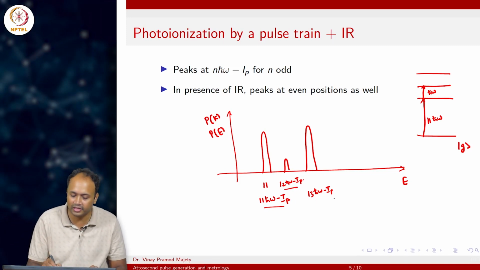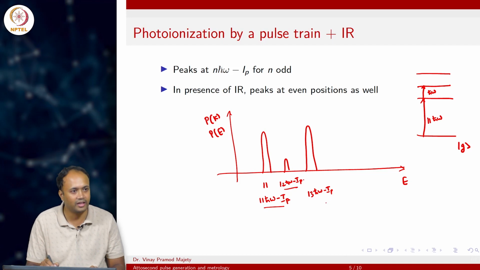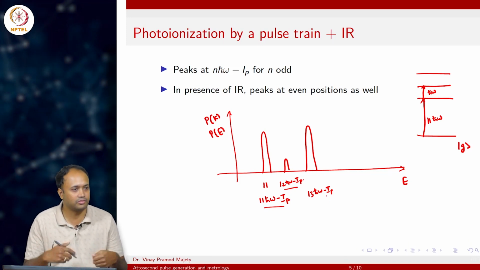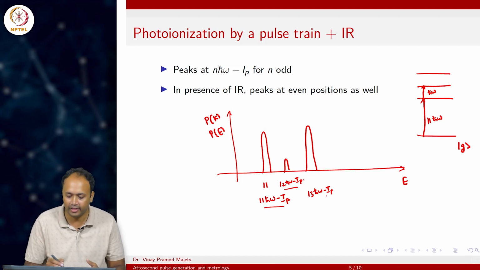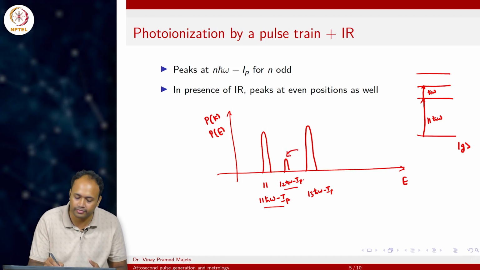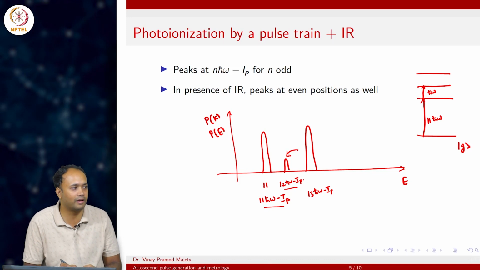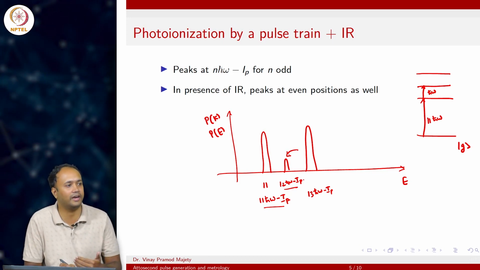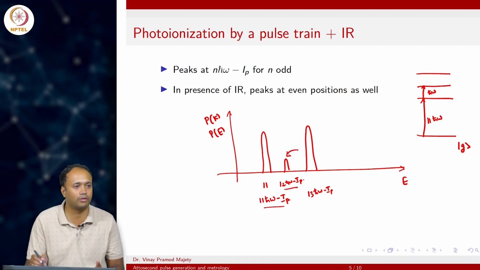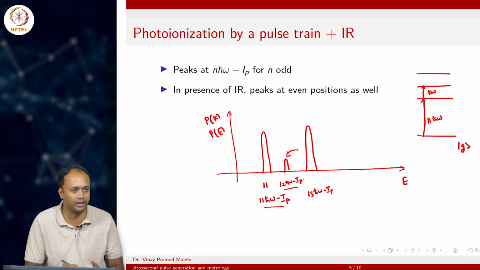An electron at 13 ħω minus IP can emit stimulated emission with this incident ħω, and then also lead to a peak at the same 12 ħω minus IP. So I have an absorption as well as a stimulated emission, from 13 ħω minus IP to 12 ħω minus IP.